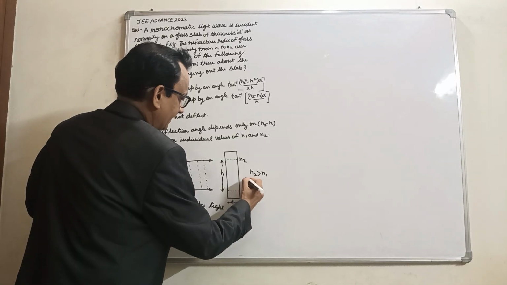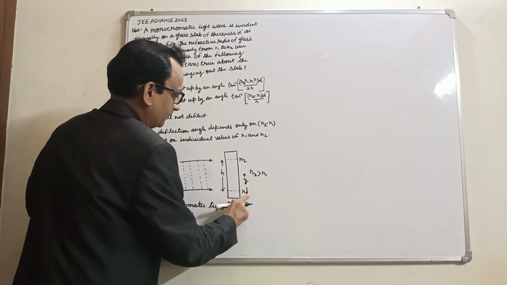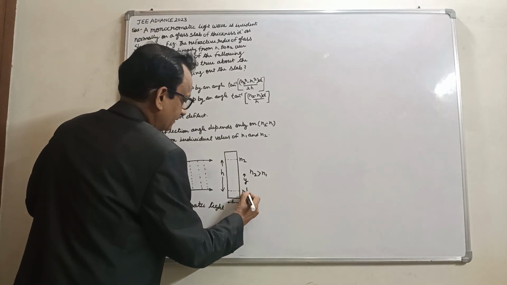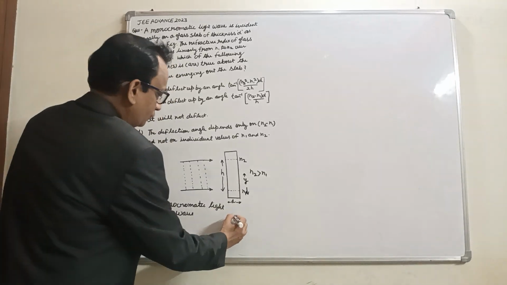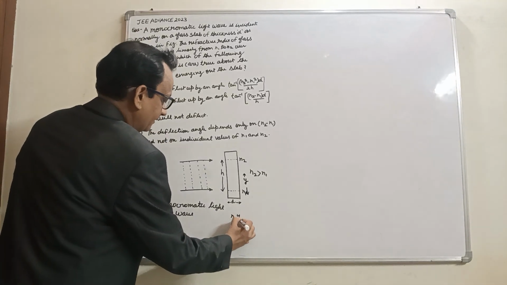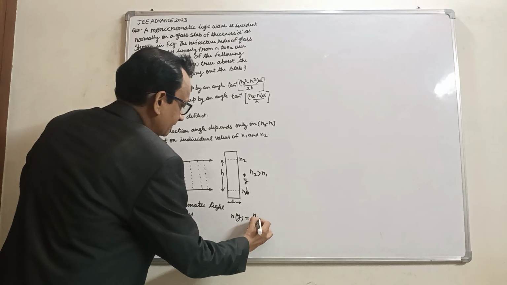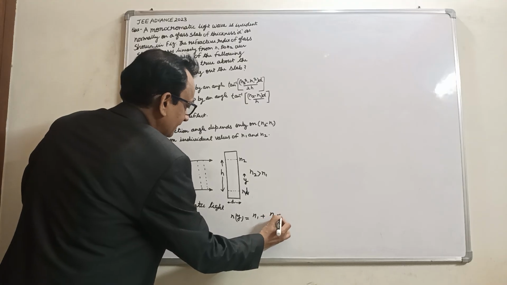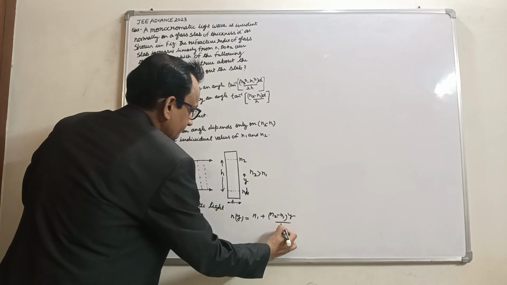If we take a distance y from here to here, where this is N1, the refractive index at y would be n1 plus (n2 minus n1) into y by h.